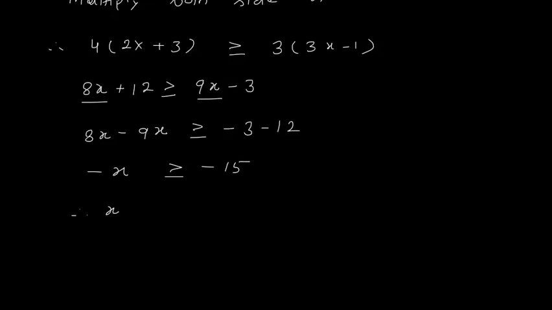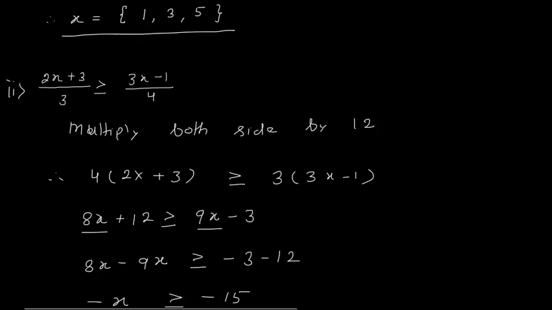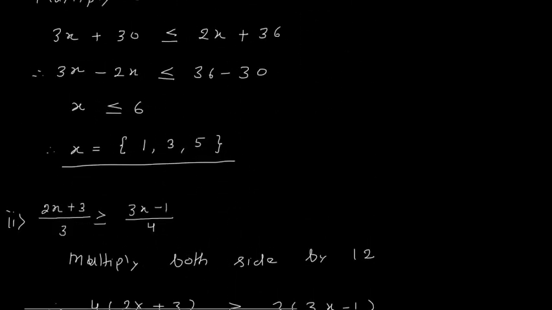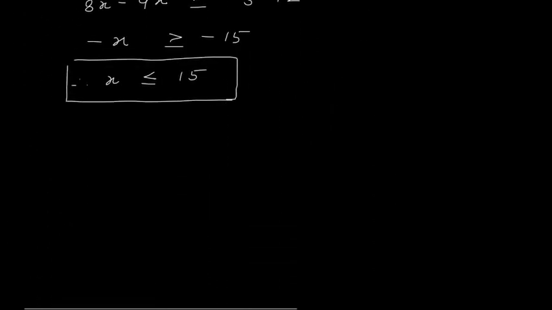Therefore I multiply by minus 1. So I will get x is less than or equal to 15. Okay, so x is less than or equal to plus 15, and here in the problem x is an even integer. So let us write all even integers which are less than or equal to 15.